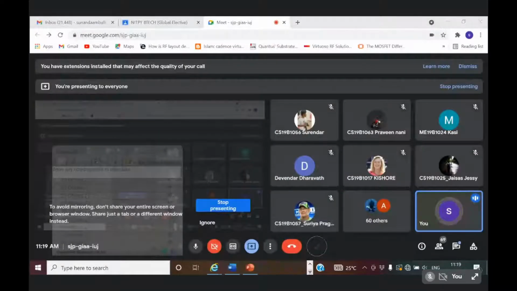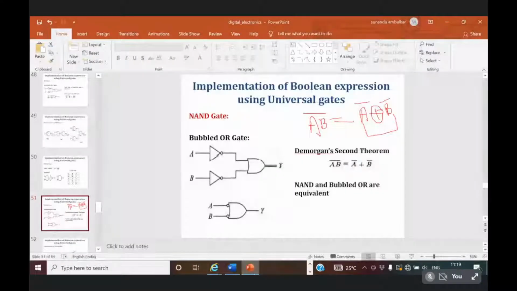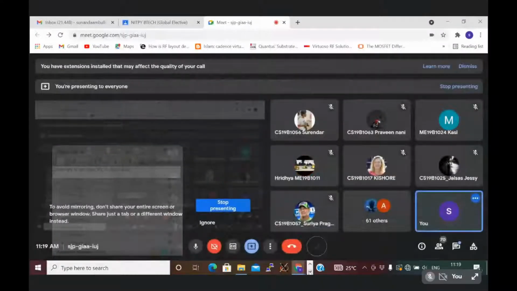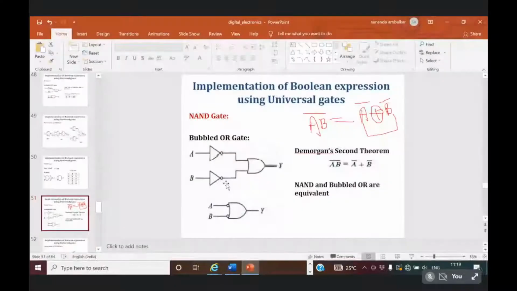It will create a bubbled OR gate. If we replace this inverter with the bubble at the input side, that will create the bubbled OR gate.